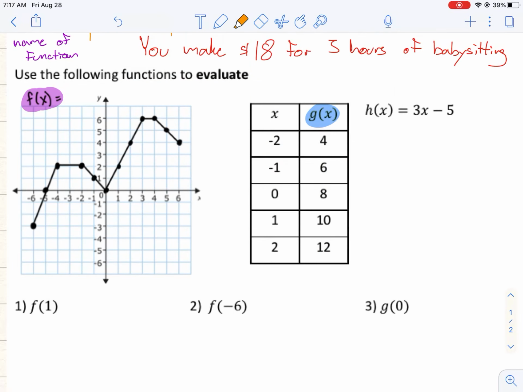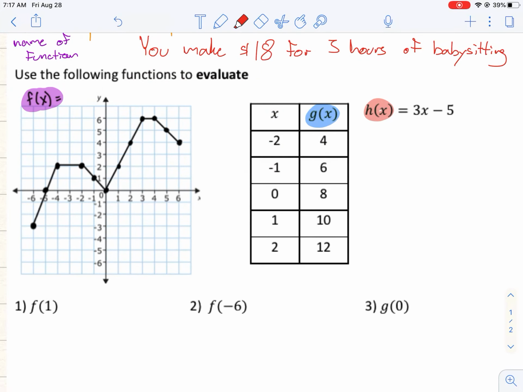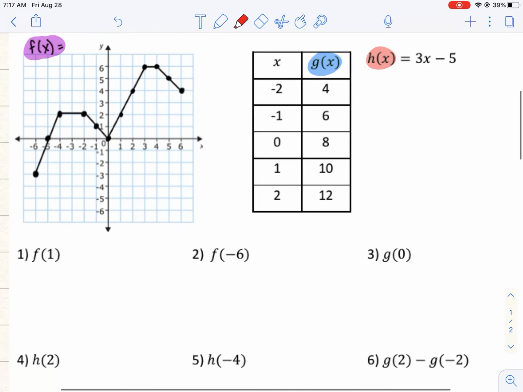And then we also have h of x, which is given by this equation here. So let's look at how we evaluate given some different functions.